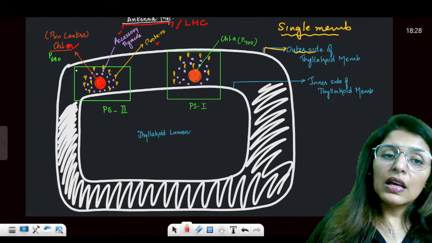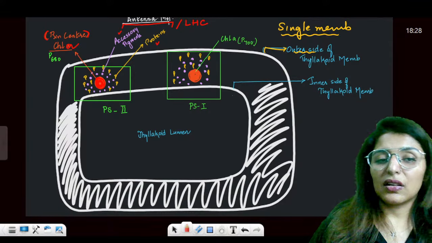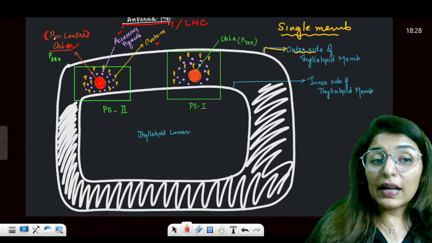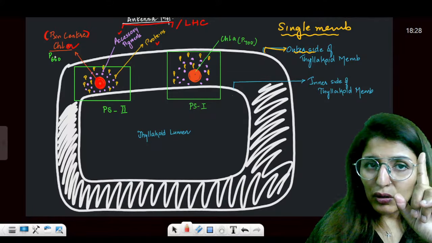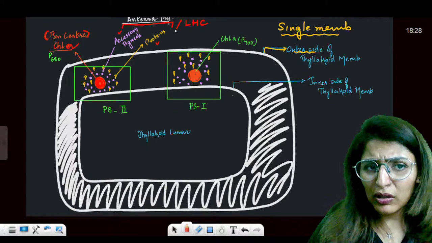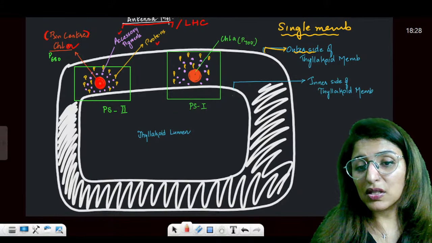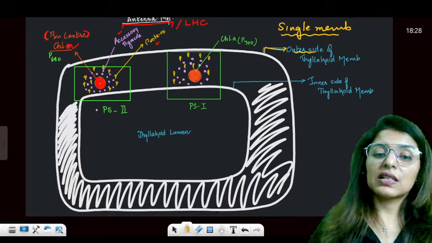Is this clear? The chlorophyll A present in the center becomes your reaction center. So now, the reaction center, that is one molecule of chlorophyll A, surrounded by the light harvesting complex or antenna molecules, in total forms a photosystem. Please tell me that these things are clear.